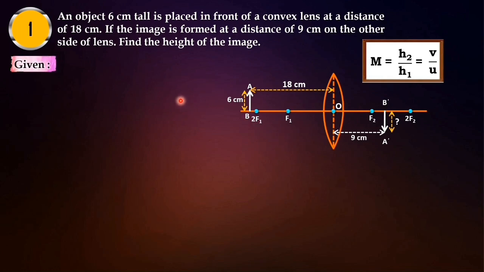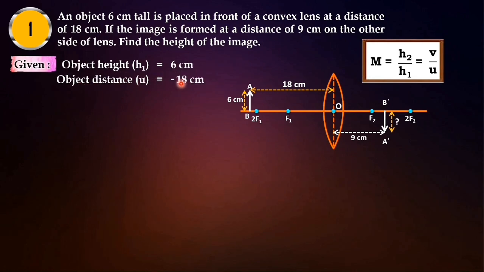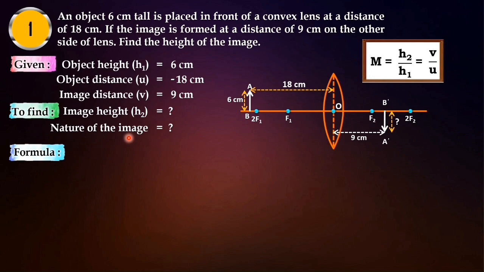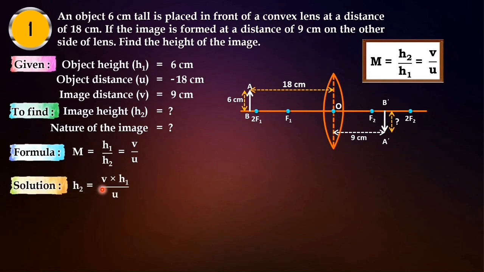Easy one, right? So now see here, we are given object height, that is h1 equal to 6 cm, object distance u equal to minus 18 cm, and image distance v equal to 9 cm. So you have to find the height of the image, that is the value for h2, and also find the nature of the image. Okay? Now if we directly use the magnification formula, we will get the height of the image. Now the solution: h2 equal to v into h1 by u.